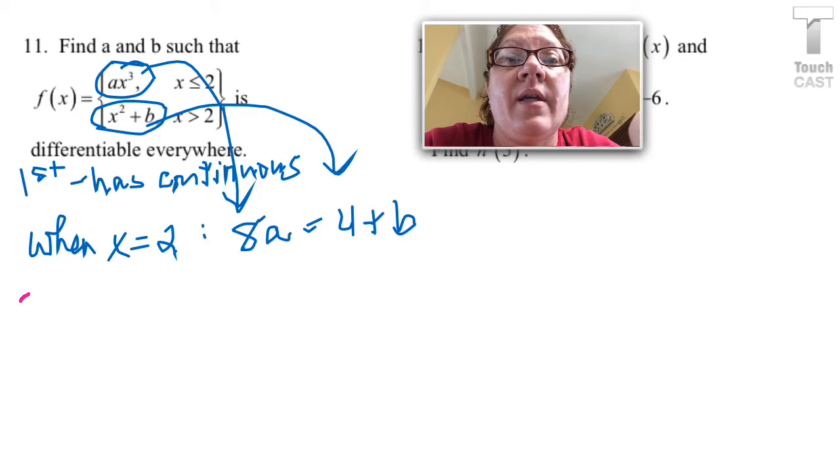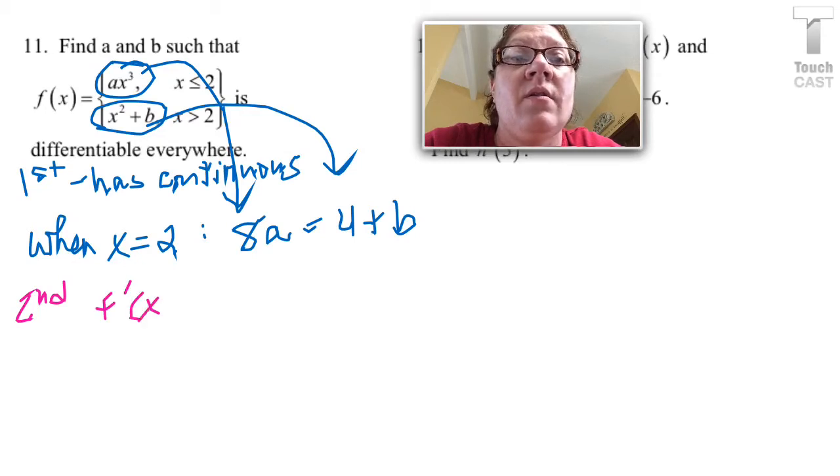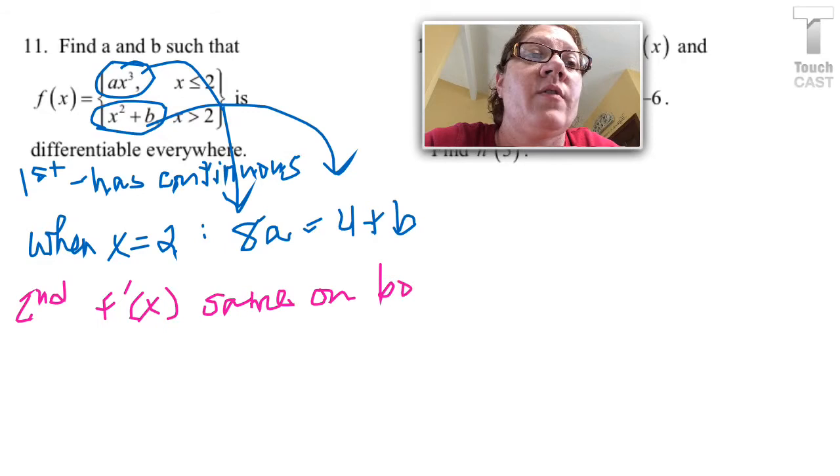So the second piece is, not only does it have to be continuous, but their derivatives have to be the same from both sides. In other words, from the left and from the right side of 2.